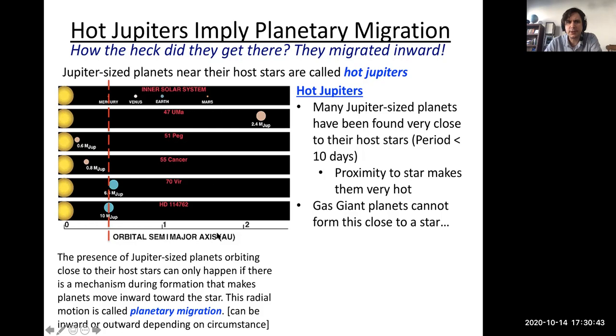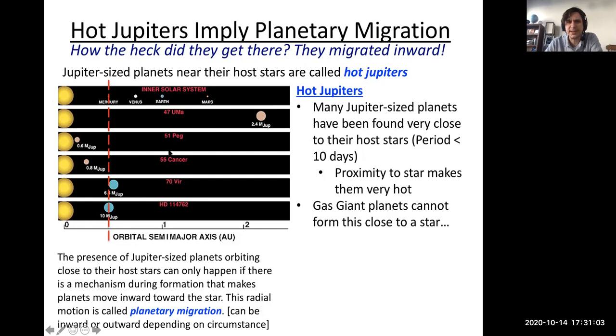What is a hot Jupiter? So right here, we just have a variety of systems. Here's our solar system with the relative positions of Mercury, Venus, Earth, and Mars, relatively scaled in size. The sun is not scaled appropriately. I've put a line right here to show the orbit of Mercury.